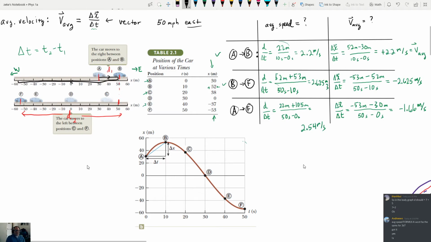So on a graph like this, that represents x as a function of t, or if you prefer to write it as x versus t, however you prefer to write it, then the slope of a secant line is the average velocity vector.